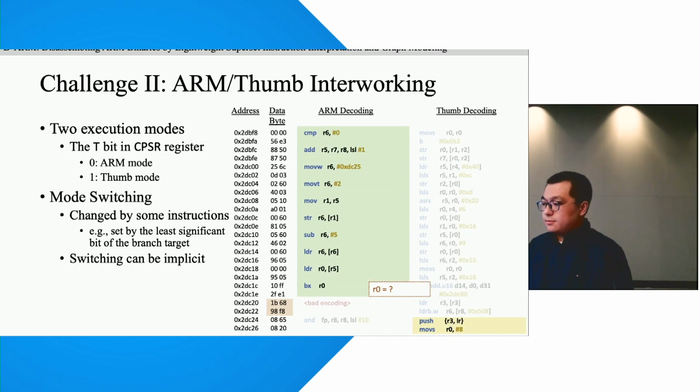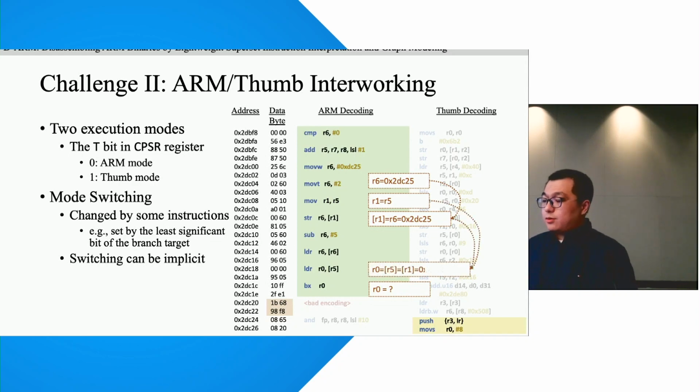For example, the MOVW and MOVT instructions set the lower and higher 16 bits of the register R6 separately to make it 2DC25. Then MOV R1, R5 copies the value of R5 into R1. The store instruction stores the value of R6, that is 2DC25, into the target address in R1.